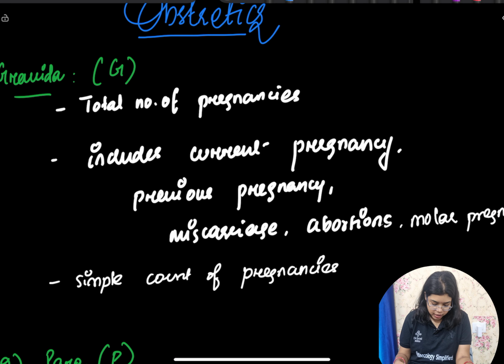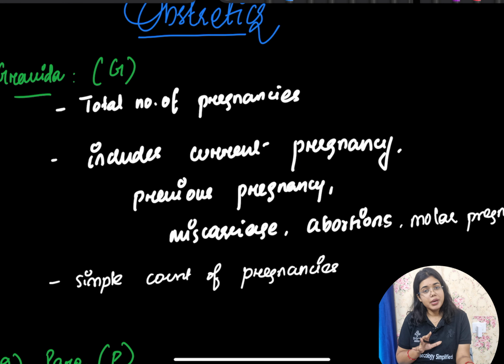Starting with gravida. What is gravida? Gravida is the total number of pregnancies, and it includes both the current pregnancy as well as the previous pregnancies. We have to see if the patient is pregnant now or not.